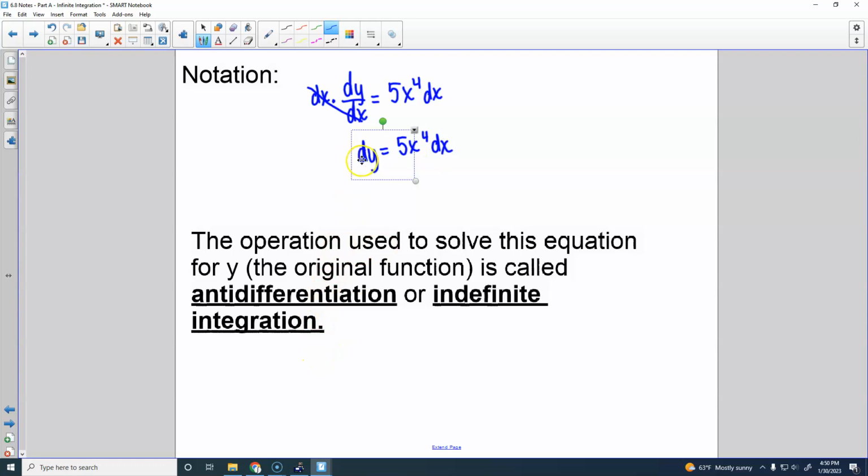And so then, to get rid of this derivative of y, I would do the integral. And we'll talk a little bit more about that in a second. But it's like we have a 1 right here. So this was just going to give us a y on this side. And then over here, of course, we'd raise that exponent by 1. It'd give us x to the 5th.